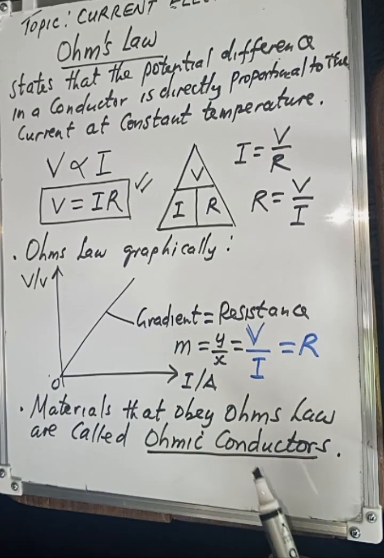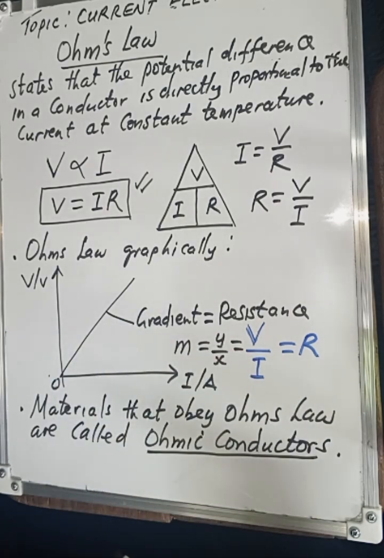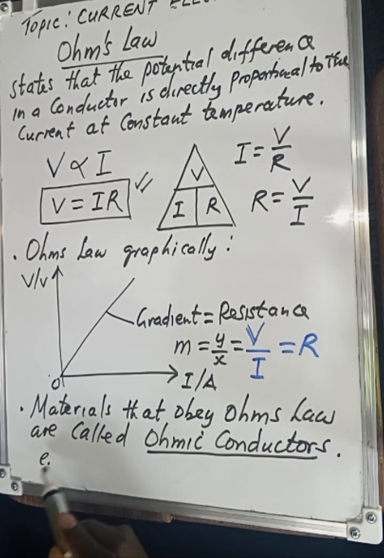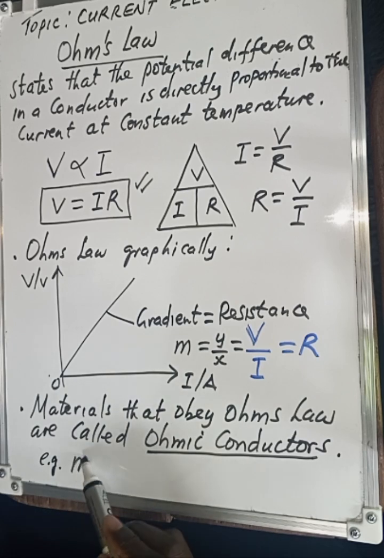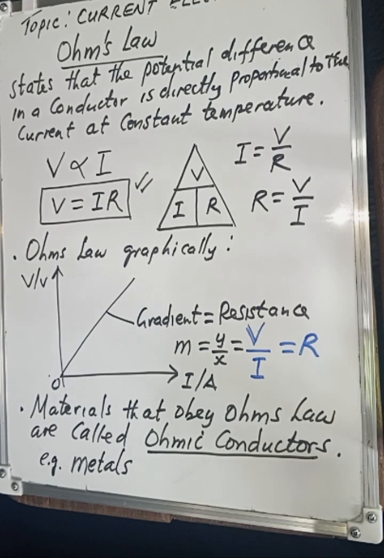And how do you know that it is an ohmic conductor? When you plot voltage against current, it will give you a straight line. So the moment you have a straight line, just know that the material you are dealing with is an ohmic conductor. It obeys Ohm's law. Examples of ohmic conductors: most of the metals, but of course not all metals, are good ohmic conductors, as you are going to find out later on. So it is a very important concept that you need to remember and take into consideration.